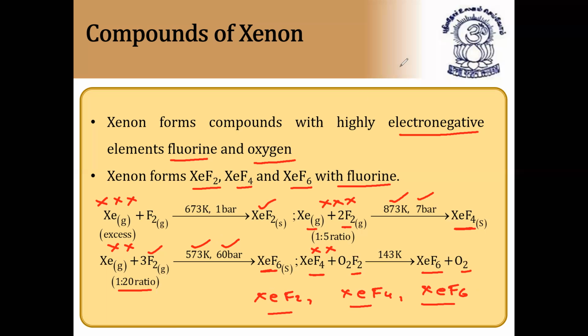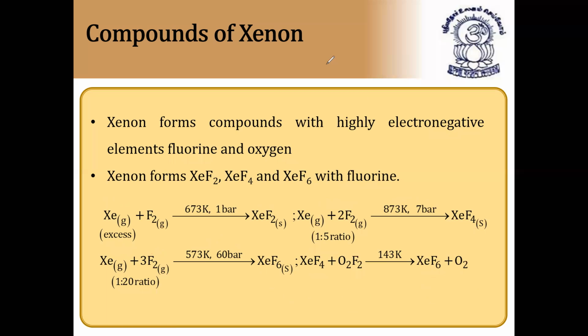That type of questions they will also ask in the examination. We will do all those questions anyway. So xenon forms compounds with highly electronegative elements like fluorine and oxygen. I hope it is clear.